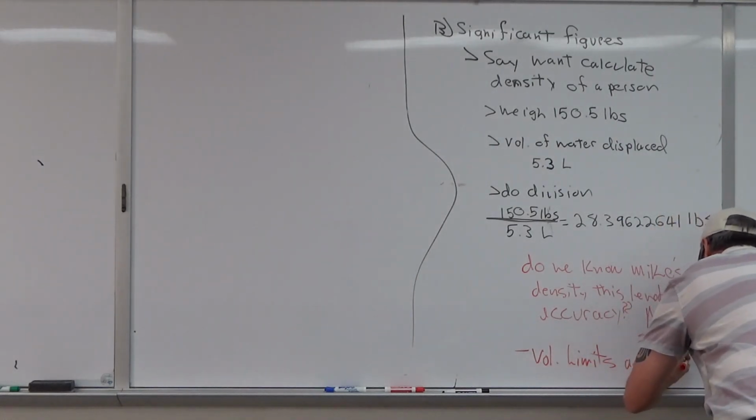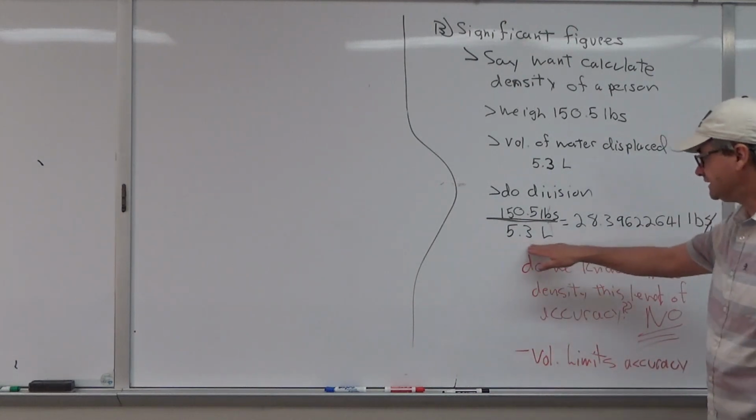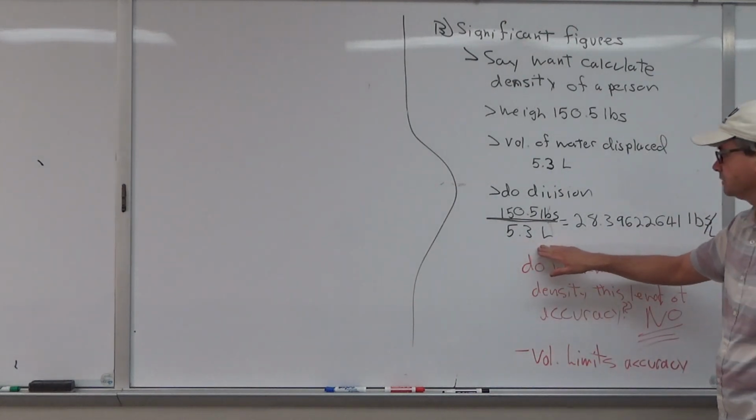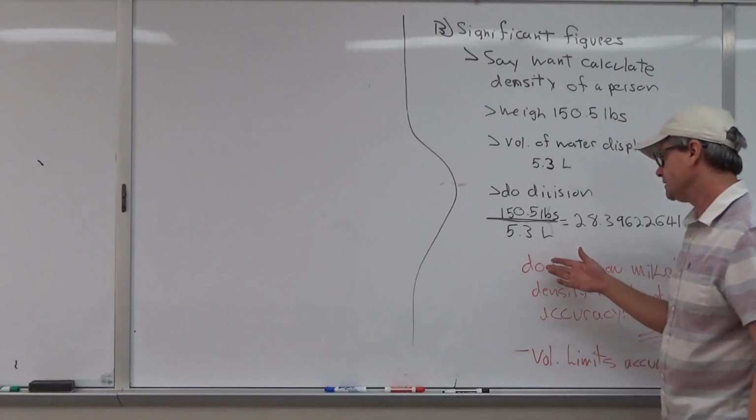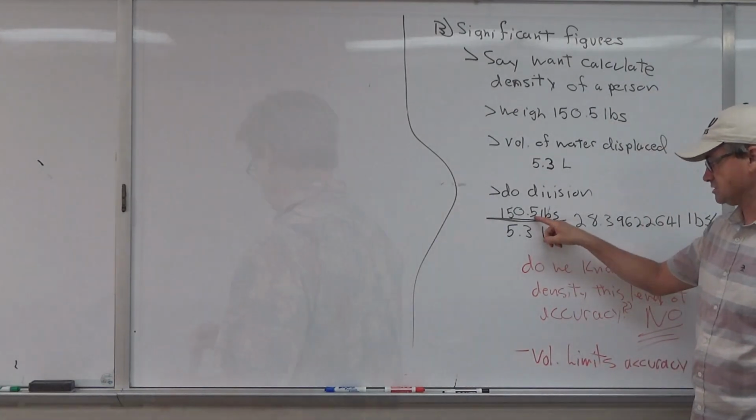Okay? The accuracy of our final answer is only as good as our least accurate measurement. You always assume that there is uncertainty in the last digit. There's uncertainty here, there was uncertainty there.